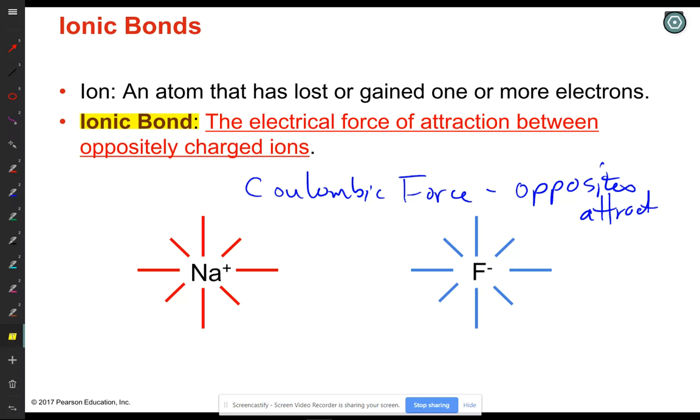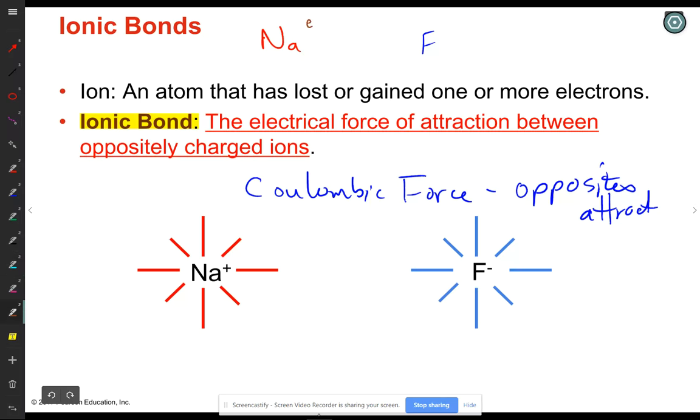So in a very practical sense, I have a sodium and a fluorine. And the sodium says, I've got this electron that I really don't cherish.